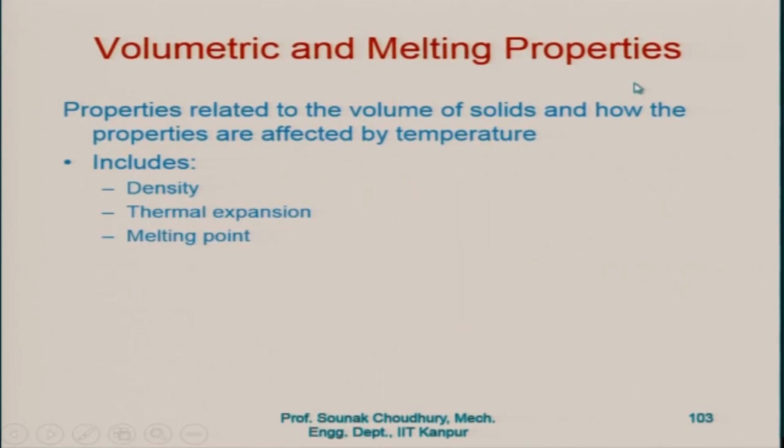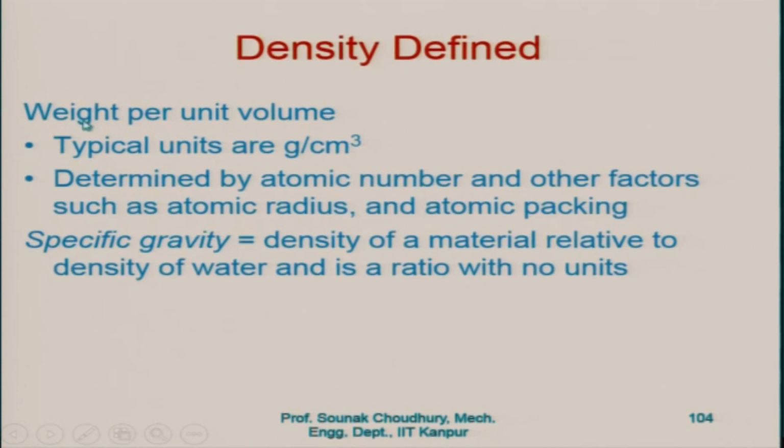Volumetric and melting properties are properties related to the volume of solids and how they are affected by temperature. That includes density, thermal expansion, and melting point. Density is defined as weight per unit volume, in grams per cubic centimeter. The specific gravity is the density of a material relative to the density of water, a ratio with no units.